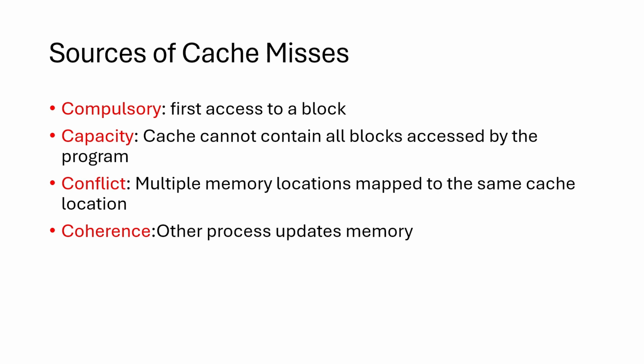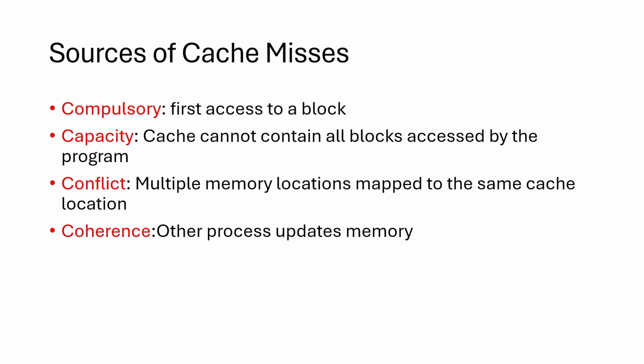But when we run a lot of instructions, like a million or even a billion, the compulsory miss rate will be very, very low because it only happens on the first access. And the second is called capacity. The cache cannot contain all the blocks accessed by the program. Just like registers, we don't have so many cache entries in memory.